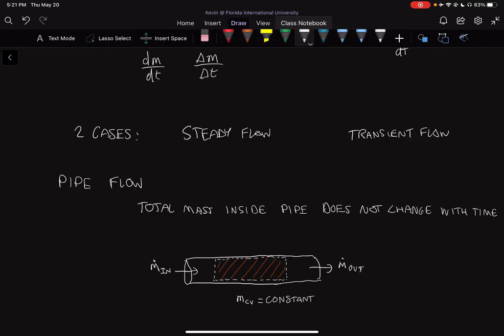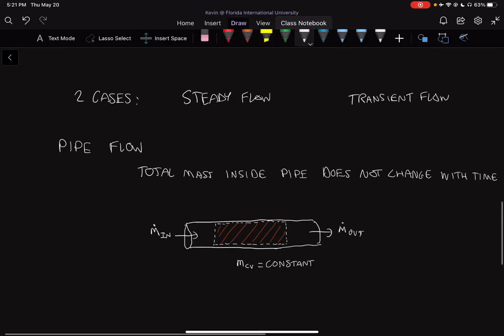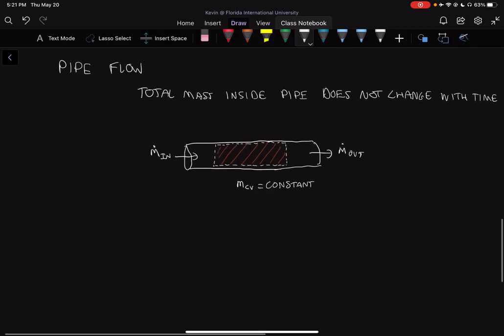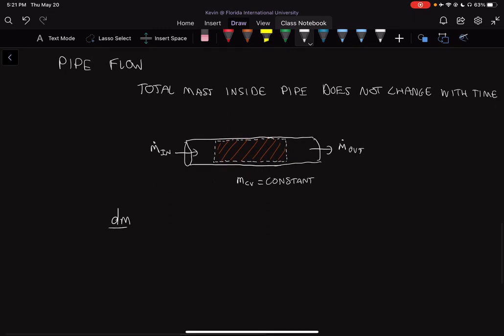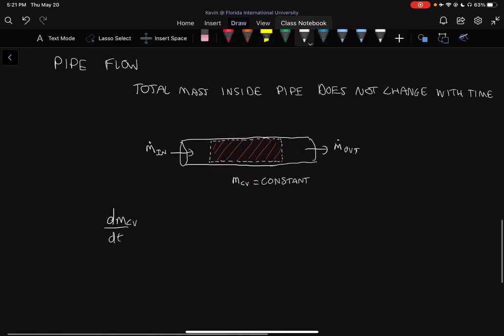Okay? And what that means is that dm of the control volume over dt is equal to 0. So we can say that for steady flow, dm_cv over dt is equal to 0.